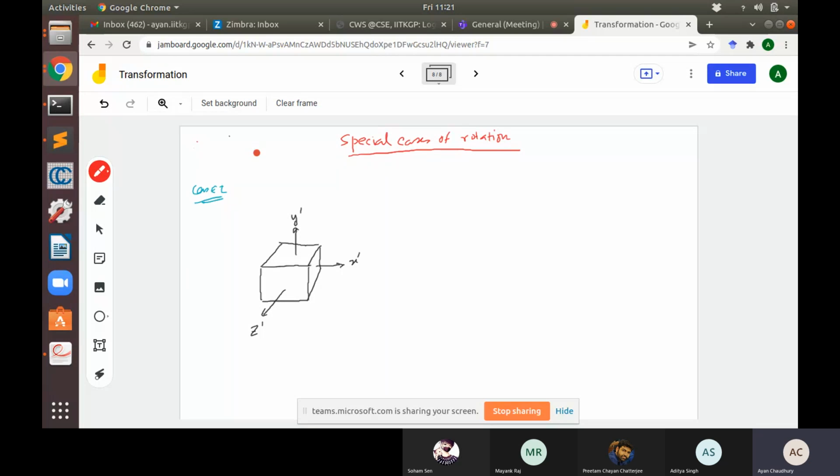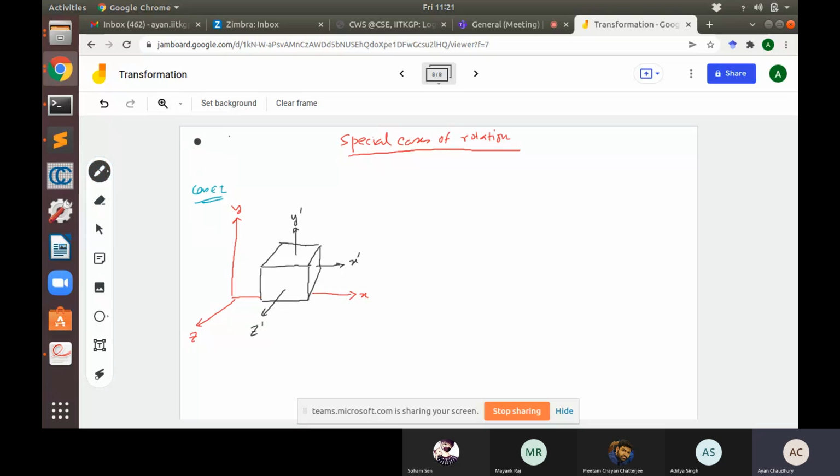And let's say your global coordinate system is something like this. Let's say this is your x, this is your y, and this is your z.